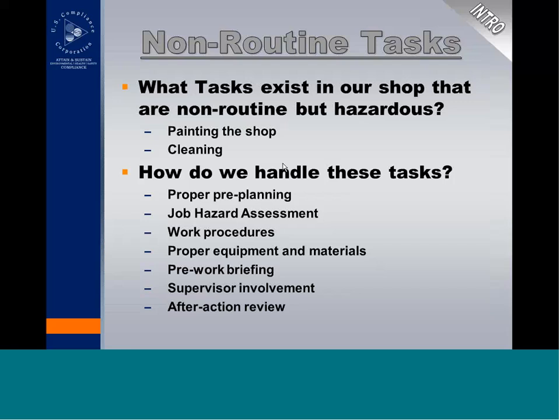Again, as I had mentioned in one of the opening slides, non-routine tasks typically lend themselves to higher injury rates while being performed because task familiarity isn't there.